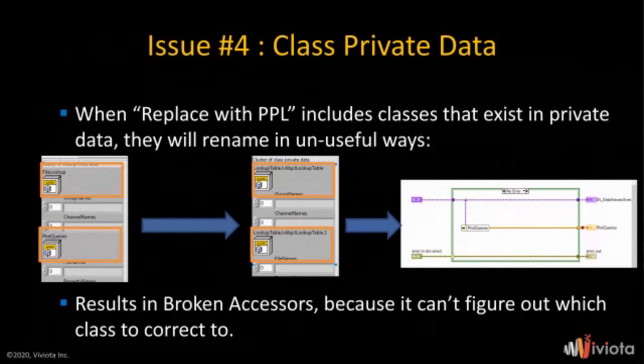One of the other major issues we ran into is classes that were called by other classes. When you do the replace in PPL, LabVIEW replaces it in the class data with a generic control name. This is completely unhelpful and can break a lot of code. It results in broken accessors because LabVIEW can't figure out what class it's supposed to refer to.